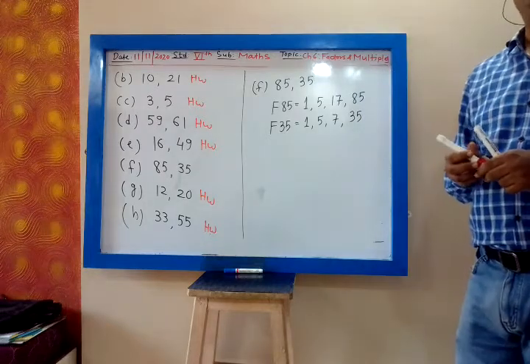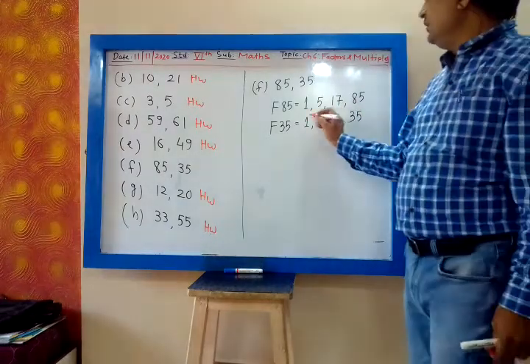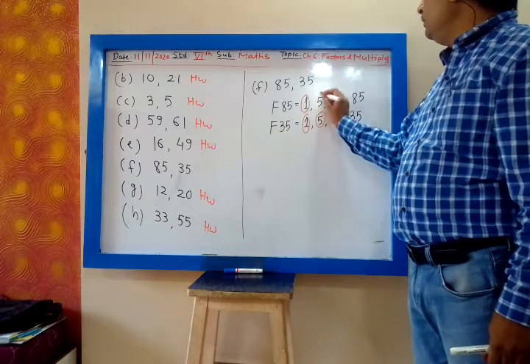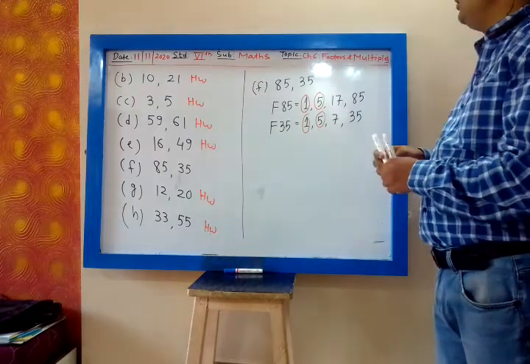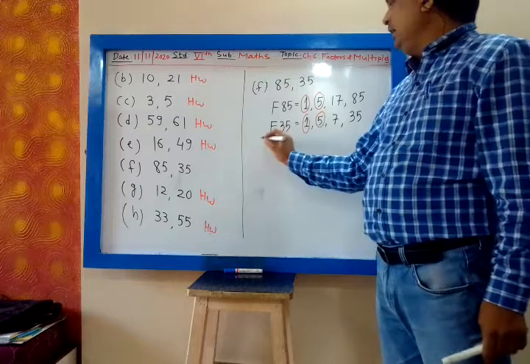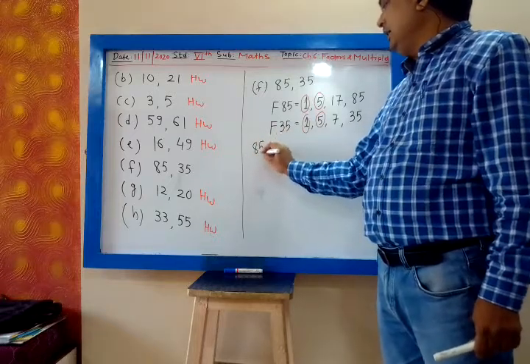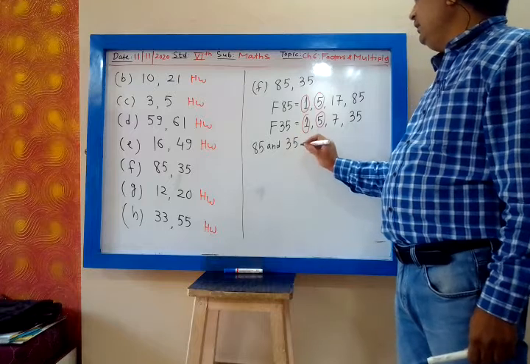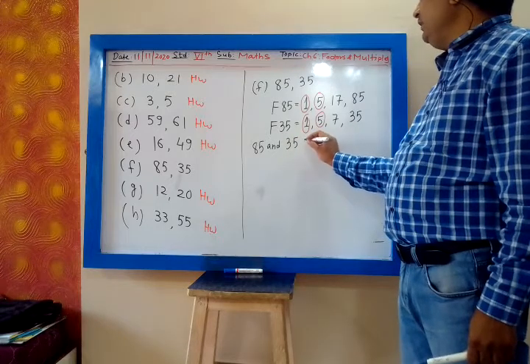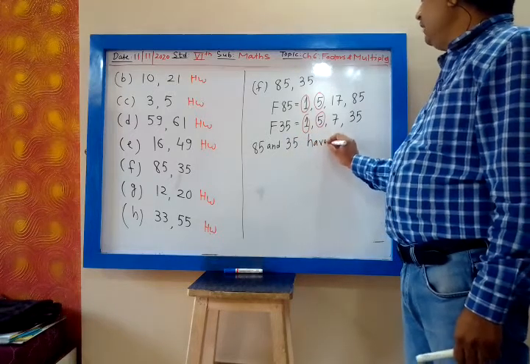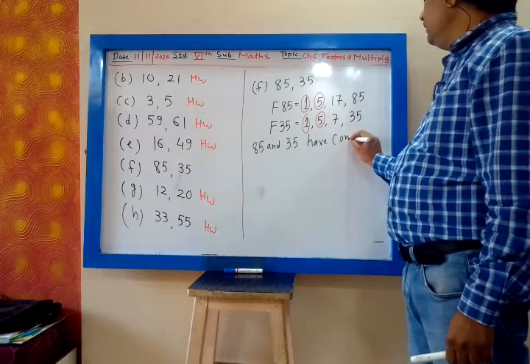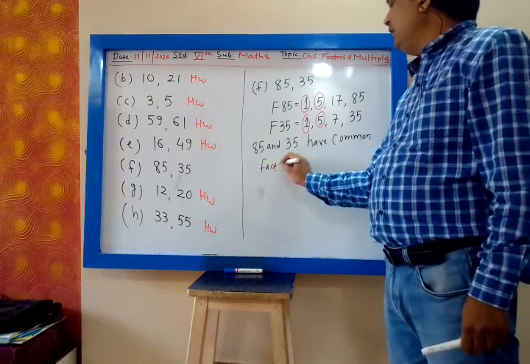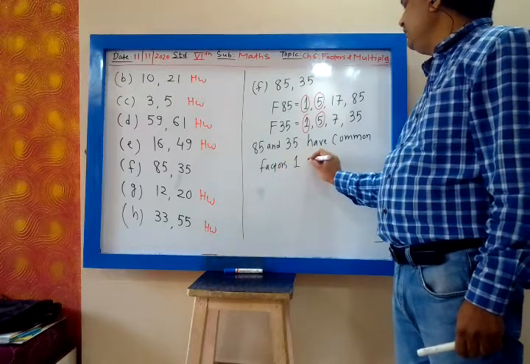Now which are the common factors? 1 is a common factor, and 5. So 1 and 5 are common factors. So 85 and 35 have common factors 1 and 5.